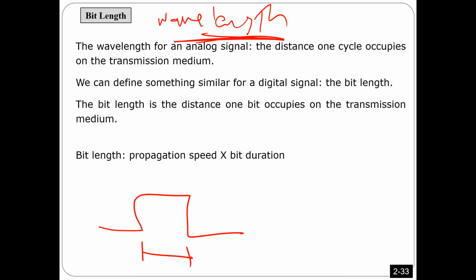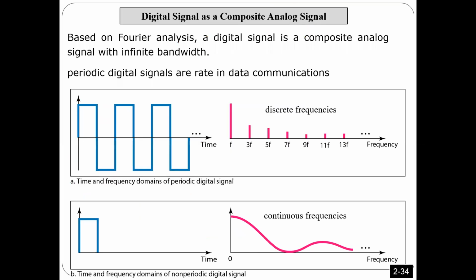We use wavelength in the case of an analog signal, and bit length in the case of a digital signal. The bit length is equal to the propagation speed times the bit duration. This is equivalent to the wavelength, but wavelength is for analog signals.